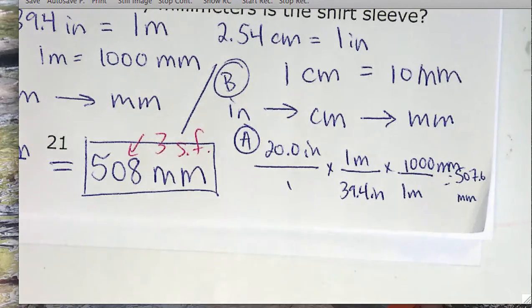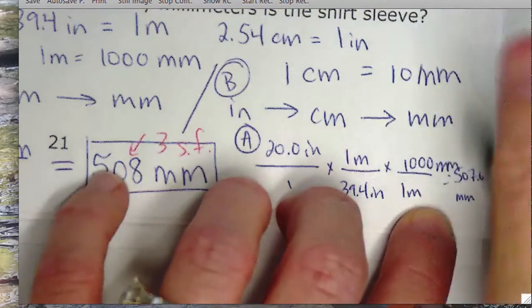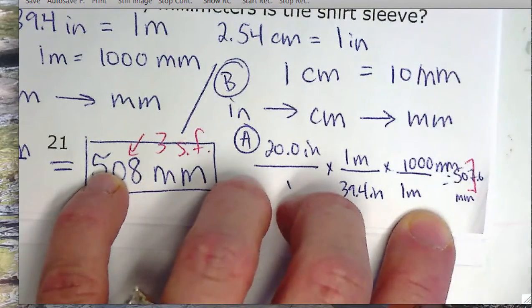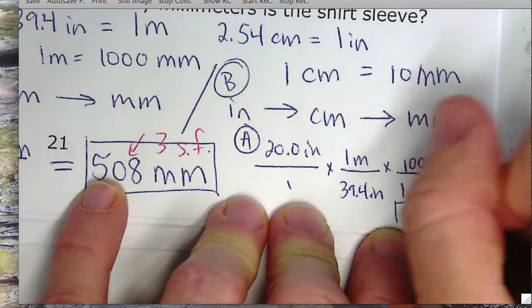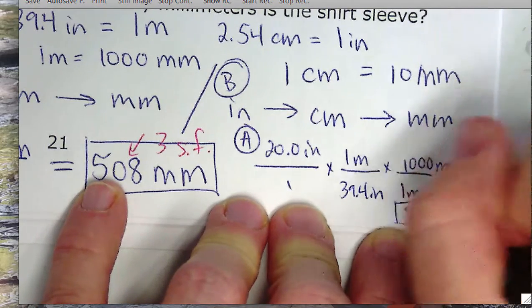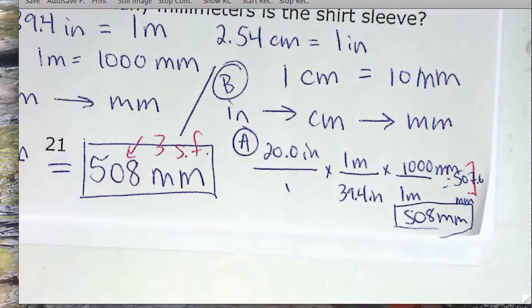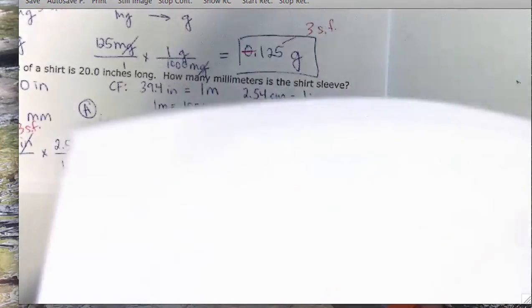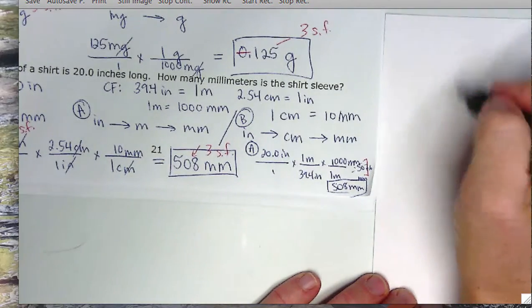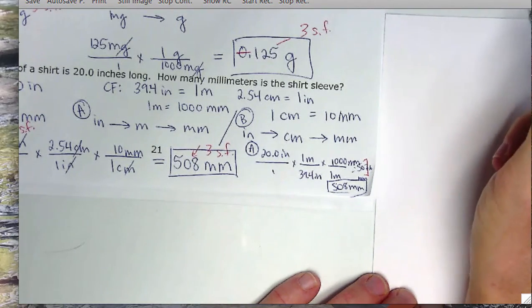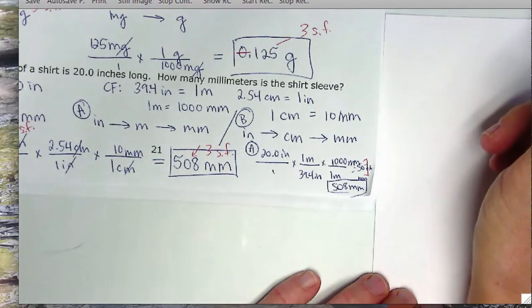What if instead of doing 1 meter has 1,000 millimeters, I did 1 millimeter has 0.001 meters? I was thinking that whatever unit we're trying to go to is what has the 1.